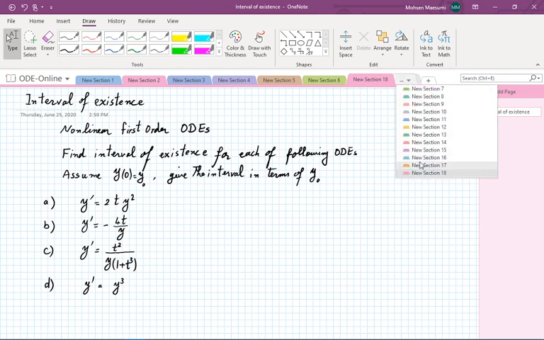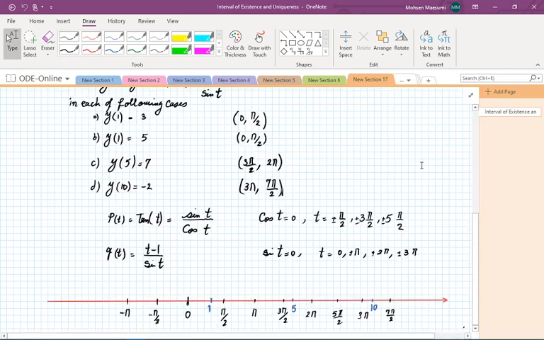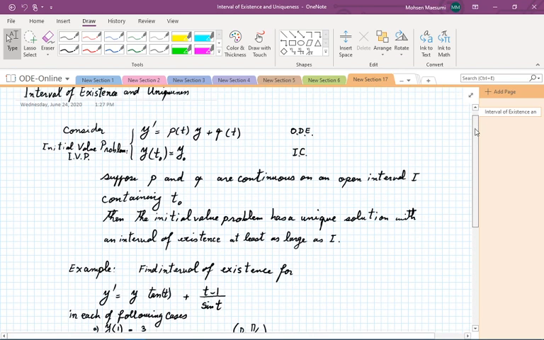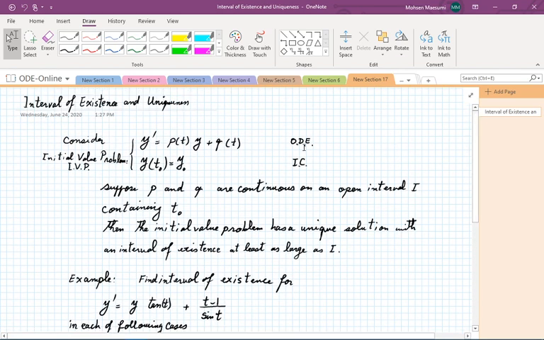Let's take a look at the lecture from last time. Last time we had actually a simple theorem. We said you write your linear equation as y prime is equal to something times y plus something else, and then you find the points of discontinuity of these and figure out where your initial condition is with respect to those points of discontinuity.